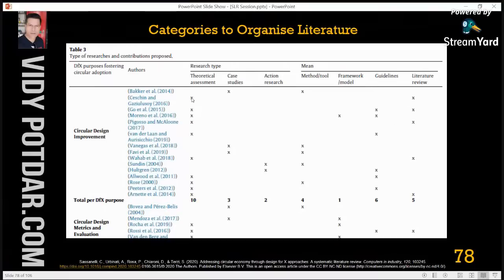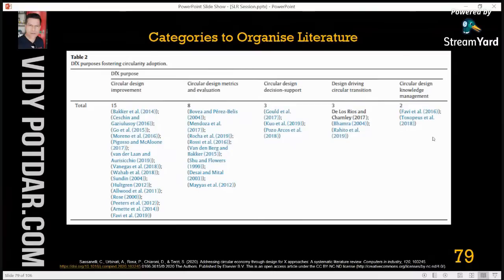And this table gives a structured evaluation of each of these studies based upon their research type. So whether there was a theoretical assessment, was it a case study, was there an action research that was done, and so on. So again, something that you can apply in your paper as well.